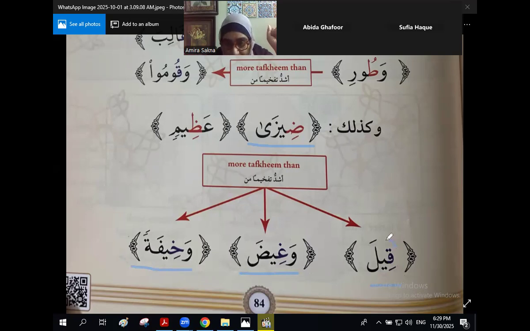We are talking about this قاف, قي, غي, and خي. Of course, they have less تفخيم than ضي. يعني a huge difference. With كسرة, it's very obvious. You can notice it easily. ضيزة, عظيم, ضي, more تفخيم than قي, قيل, غيظ, خيفة. Okay?